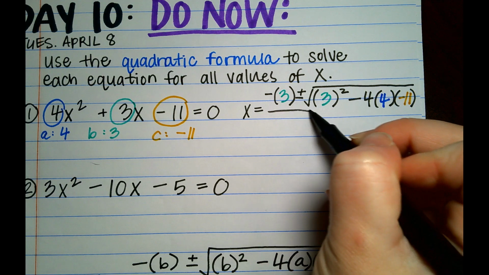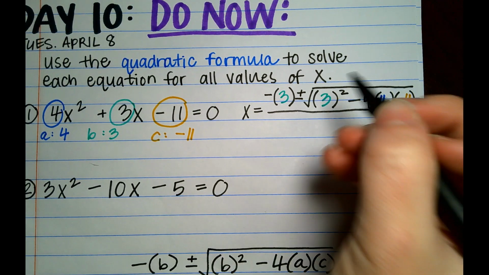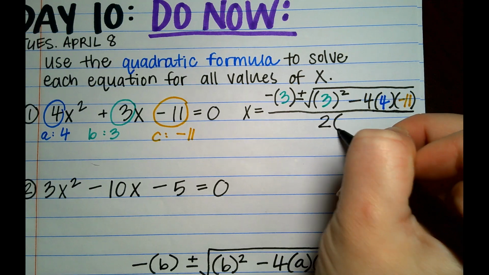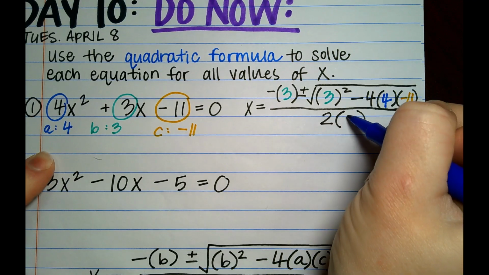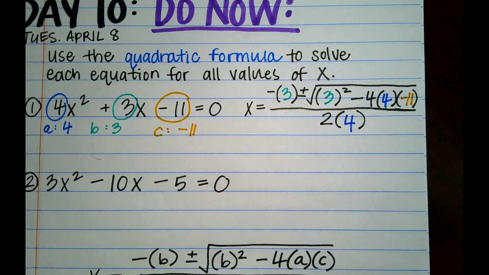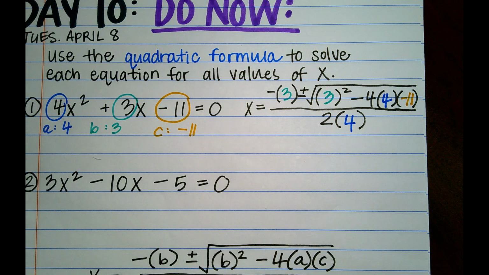And the very last thing is that whole problem is being divided by, bless you, 2 times what? 4. 2 times A. And our A is 4. Okay. So we just did step 2. We filled in all of our values.